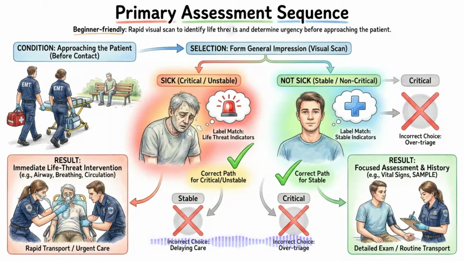This quick visual scan dictates how fast you need to move and whether the patient is considered sick or not sick. The NREMT exam heavily emphasizes the primary assessment because missing a life threat here will lead to poor patient outcomes.